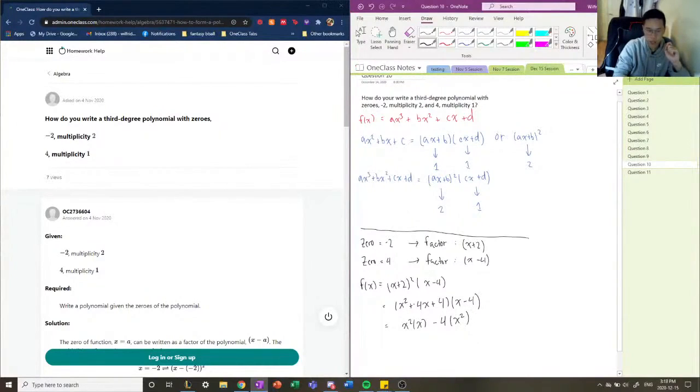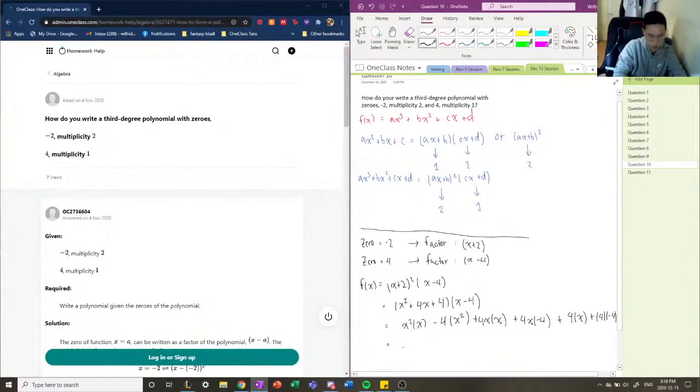So I multiply x squared by x and x squared by -4. Same thing with 4x. We're going to multiply 4x by x and 4x by -4. Finally, we're going to multiply 4 by x and 4 by -4.